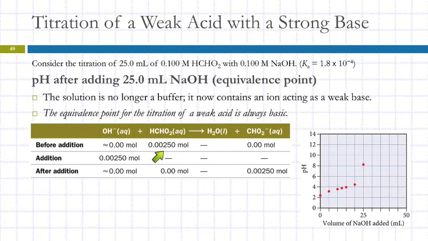That's going to completely react with our acid, and so we're going to have none of the acid, and we're going to have 0.00250 moles of this conjugate base. This isn't a buffer anymore. We have the conjugate base. Is that just going to sit there as the conjugate base? No, some of it's going to act as base and reform some of the weak acid, right? So we do have to do an equilibrium calculation here.